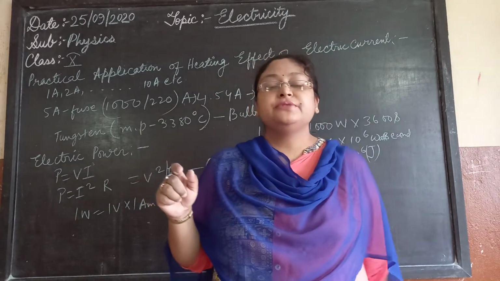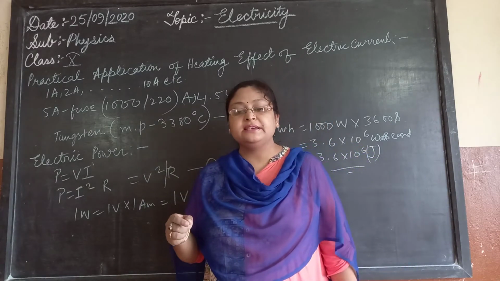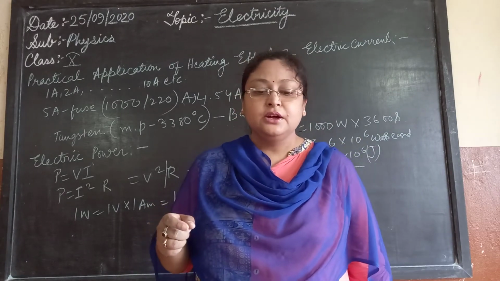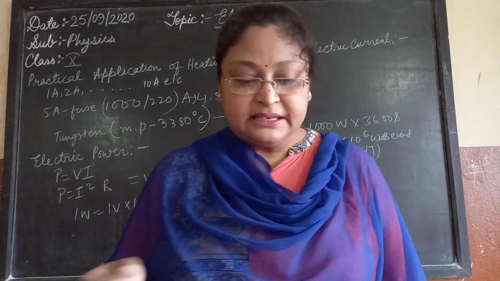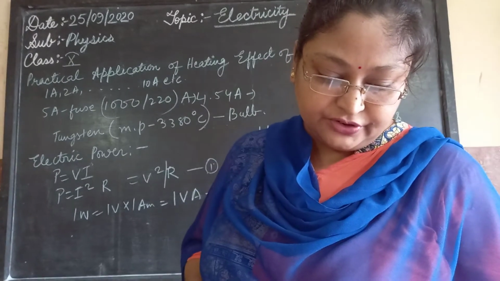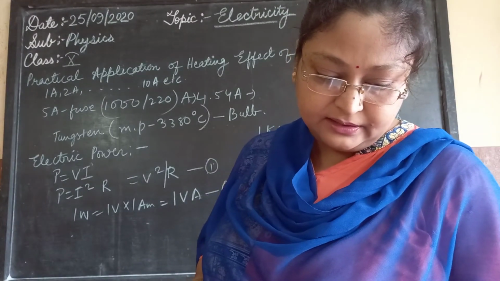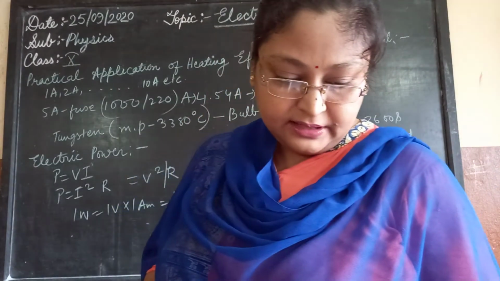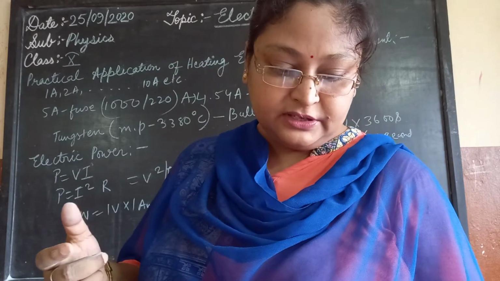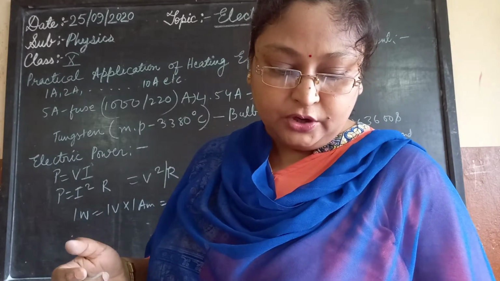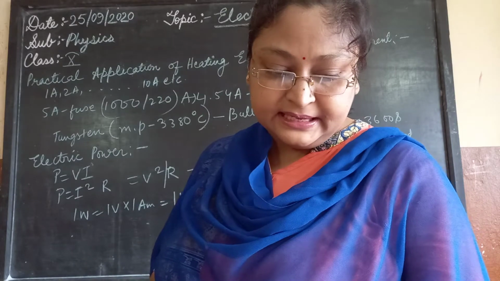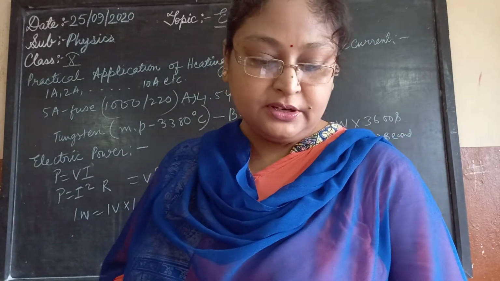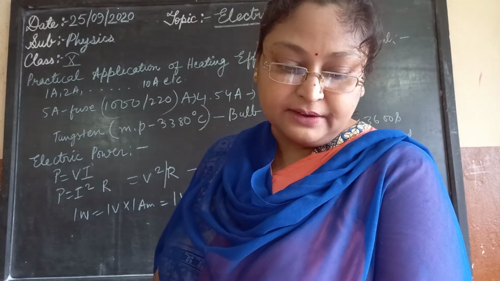So these are used for the heating effect of electric current. In other appliances such as a toaster, a heater, or a water heater, similar materials are used. When they run for a longer period of time, it is because of Joule's heating law, which we have already discussed in the previous topic, the heating effect of electric current.